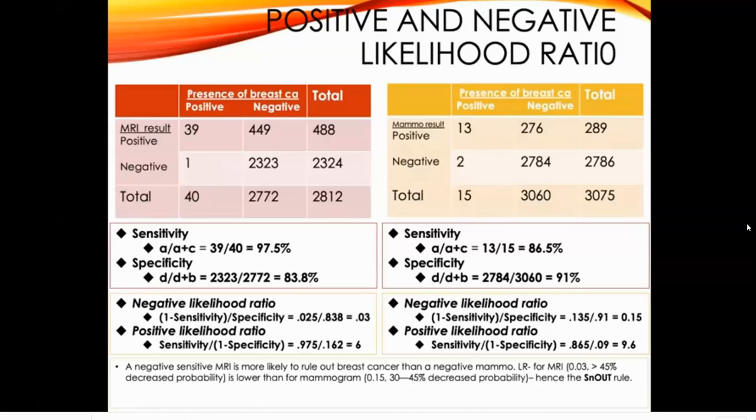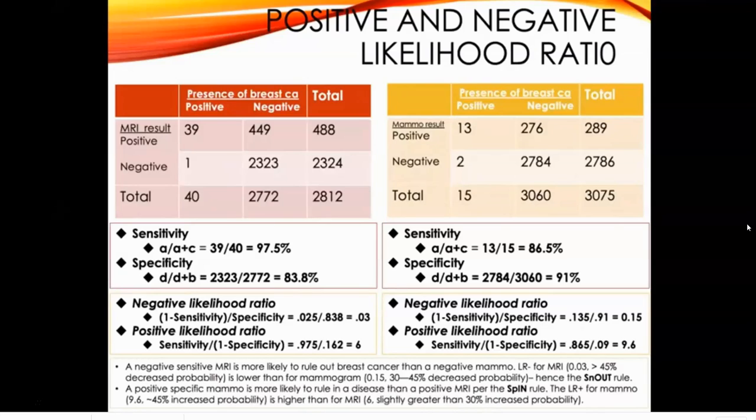That's lower than the negative likelihood ratio for mammogram, which is 0.15, and that corresponds to a 30 to 45% decreased probability of having breast cancer. So having a negative MRI decreases the probability of having breast cancer more than a negative mammogram. And there you go, that's the SNOUT rule.